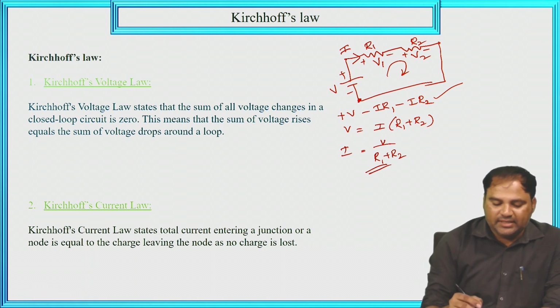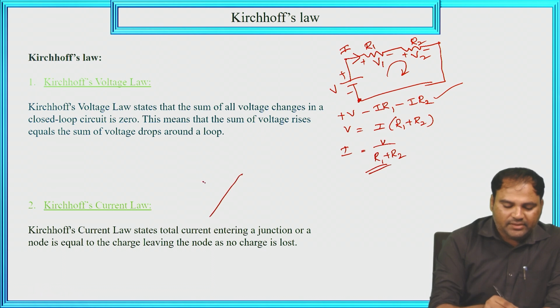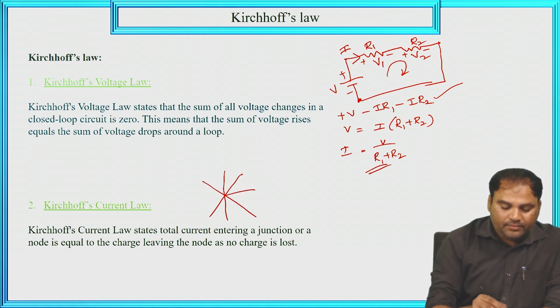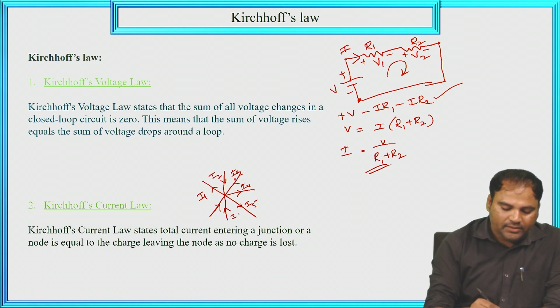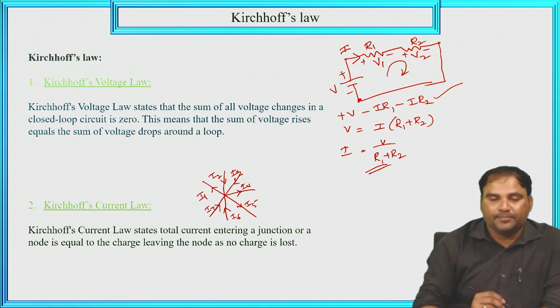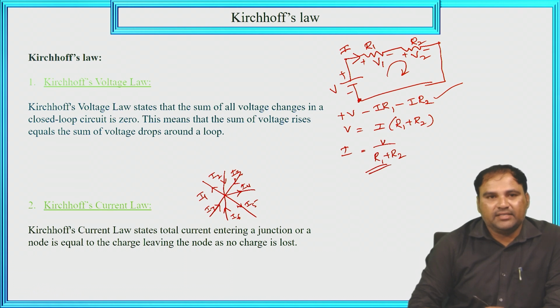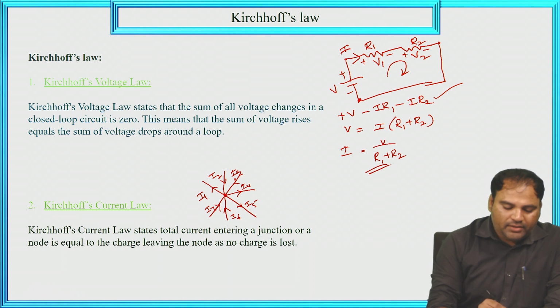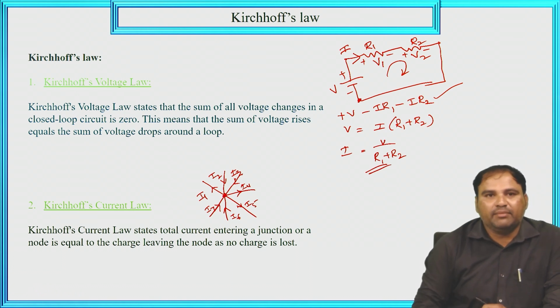For example, I am taking some simple directions here. These are the current directions. Let us take this as I1, this is I2, and this is I3, I4, I5, I6 and this is I7. Now as per the Kirchhoff current law statement, the algebraic sum of the incoming currents at this node point: what are the incoming currents?